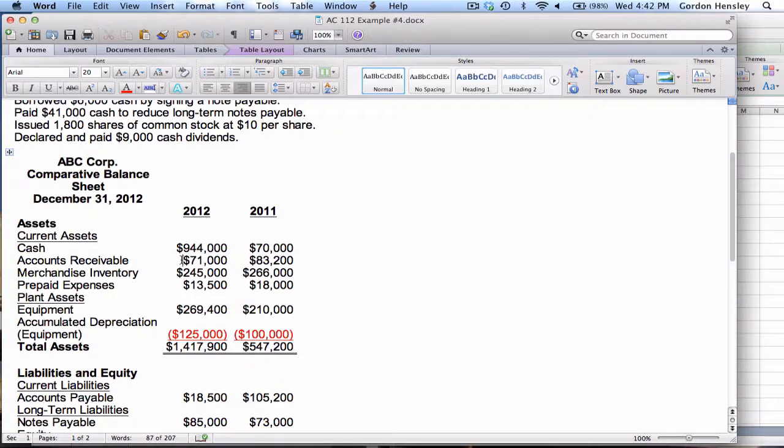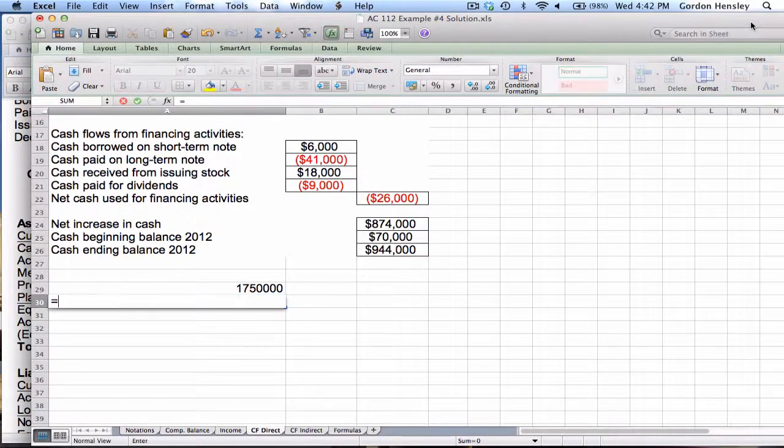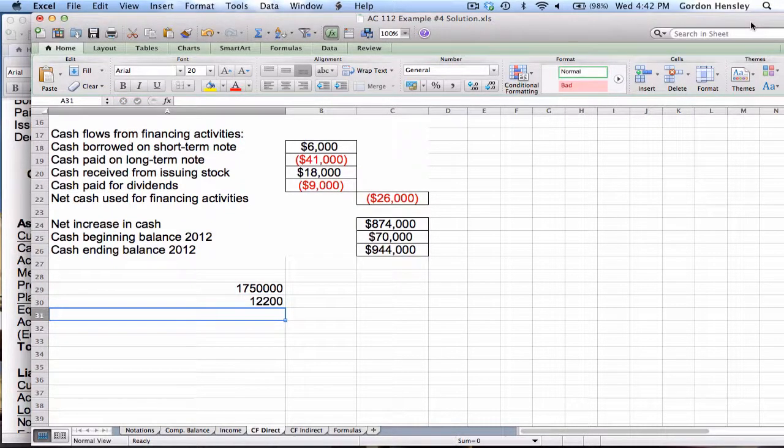So you see how it has changed, and it's actually decreased. I have less accounts receivable than what I had the previous year. So I've got 83,200 and 71,000. Well, 83,200 minus 71,000, that means that there's a difference of $12,200.